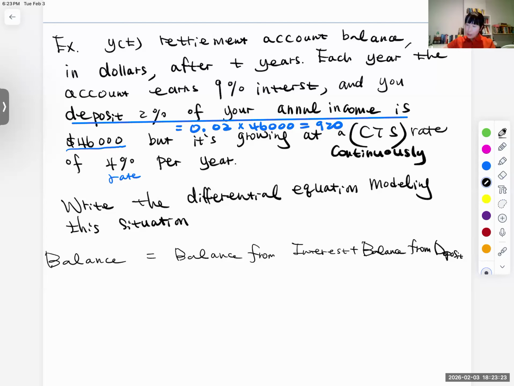So the balance is from interest plus balance from deposit, right? The balance from deposit we can express as initial principal Q naught e to the RT. Then the first term is the balance from interest.